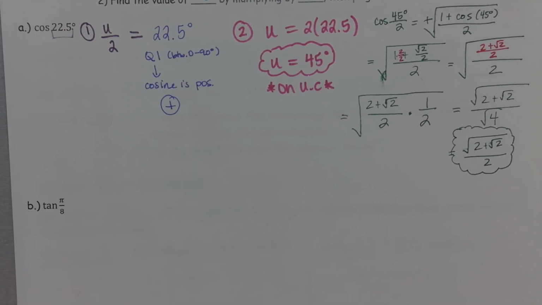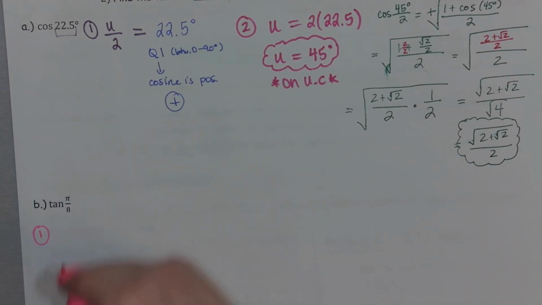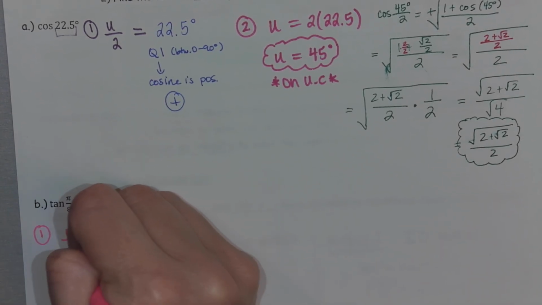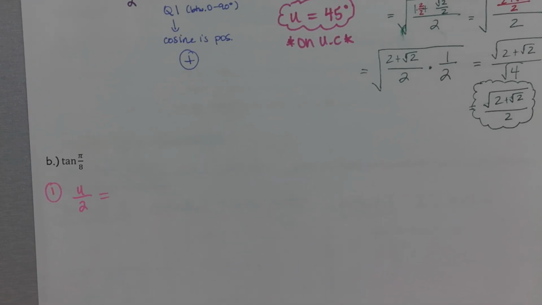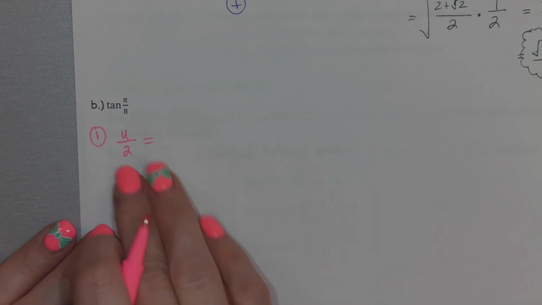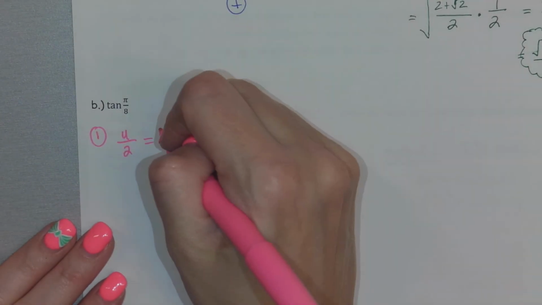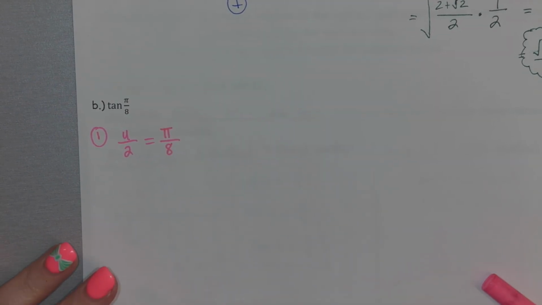All right, so then let's see if we can do the first couple steps with part B. So the first step is just identifying that your half angle is that pi over 8. So you can identify the quadrant.